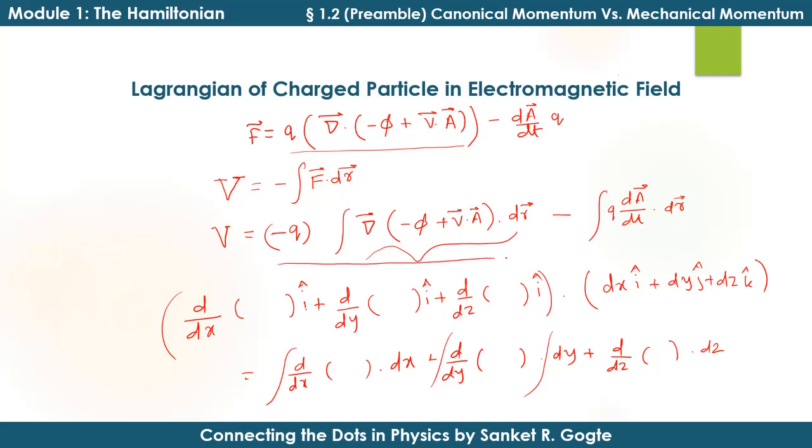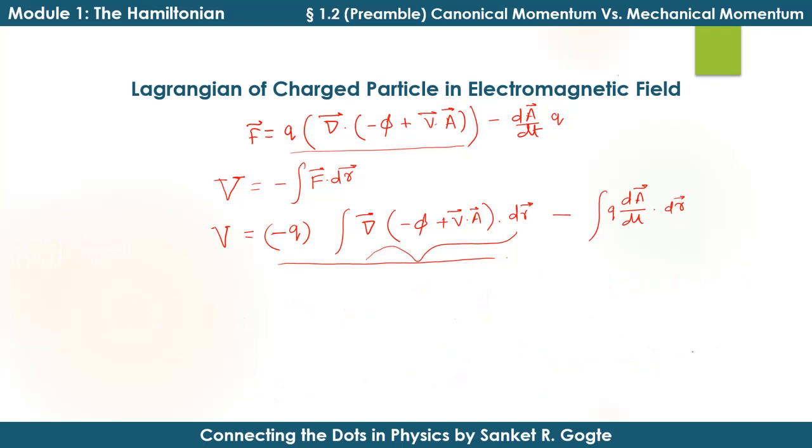For the first term we are integrating it and we are differentiating, and therefore I'll erase everything, and therefore this potential V of the charge inside the electromagnetic field is basically minus q. Since we are performing this reverse operation, this integration and the differentiation, these will get cancelled and we will be left with minus, or now this minus gets cancelled, so it is, okay, let's write it as it is, minus phi plus v dot A, minus this second term.